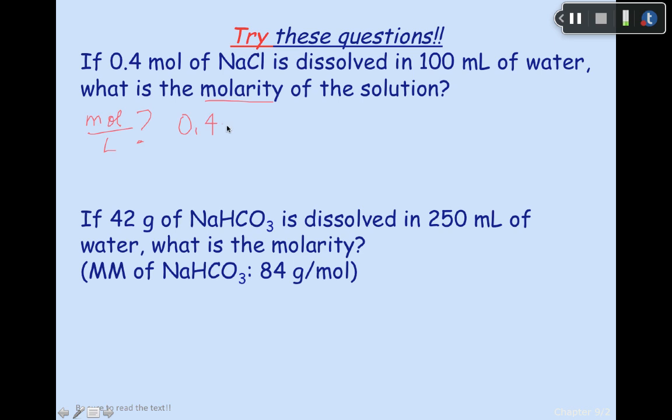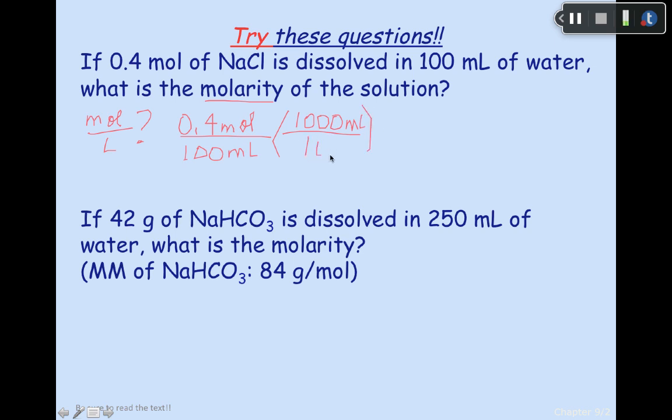So put in 0.4 moles and divide it by the volume. Concentration is always an amount of solute per volume. And 100 milliliters goes on the bottom, but we don't have liters yet, so let's make a conversion step. If you work problems in this chapter, you will get very comfortable, I hope, with this conversion between milliliters and liters, which hasn't been used for a little while, but comes up often now.